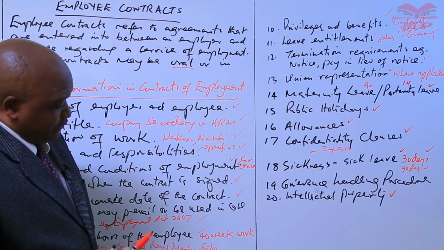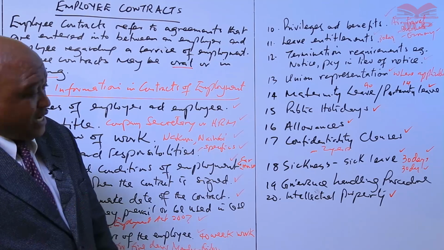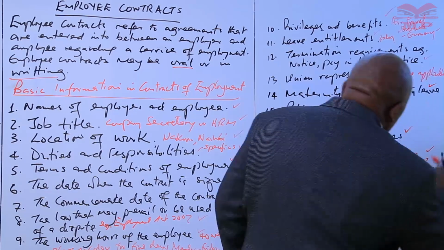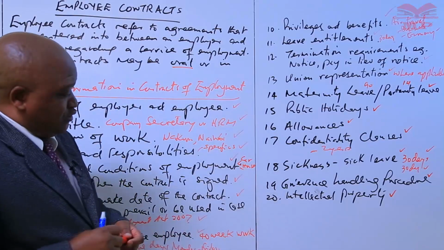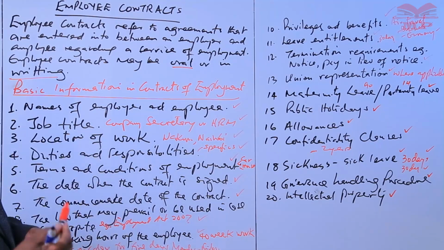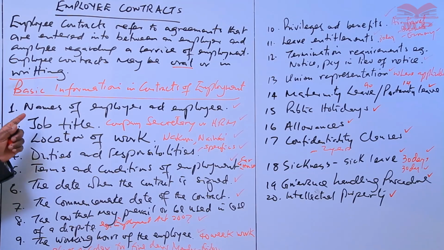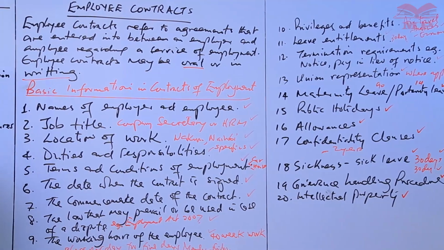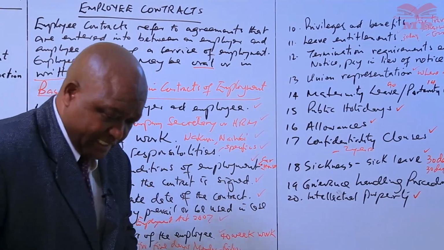So if an employee comes up with an invention, how will that be handled? It's very important. The grievance handling procedure should also be documented very well. So learner, these are some of the aspects that should be brought out very clearly, and failure to bring out these aspects in the employment contract sometimes has created a lot of challenges.